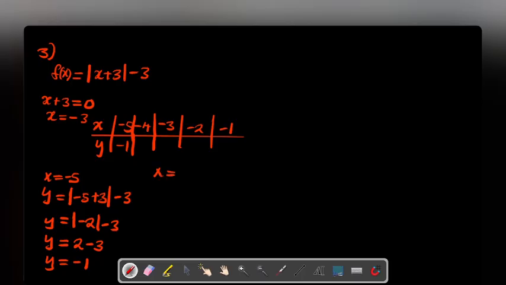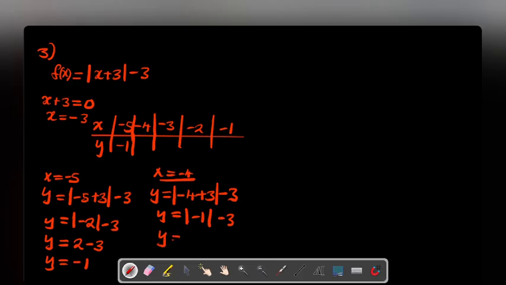Again, we say x equal to -4. Let's see the value of y that we'll get. y is equal to the modulus of x plus 3, then -3. We put -4 plus 3, which gives us -1, then -3.